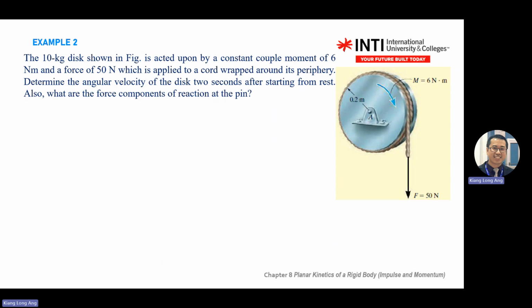A pin will equal to Fx and Fy. If it's a round body on the surface, it will equal a force like that.